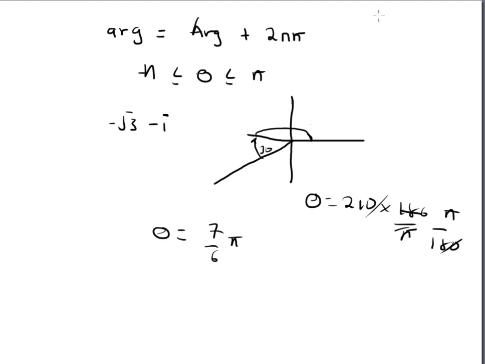You can also rewrite this formula as: argument is equal to the small argument minus 2 pi n. So when you have your argument and you subtract multiples of 2 pi from it, you end up getting your principal argument.